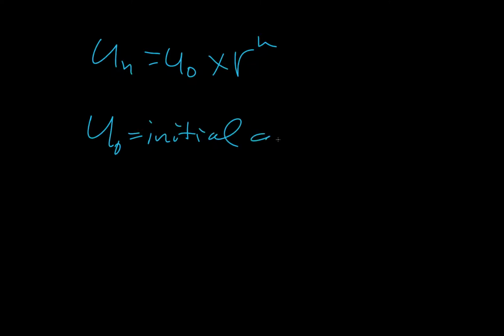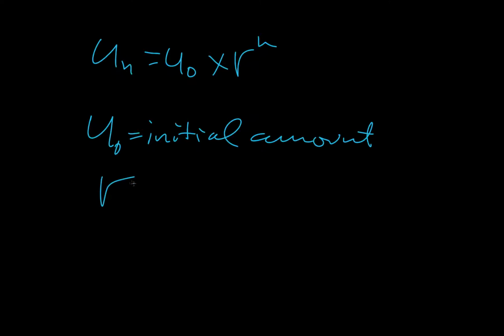There is a blue box above the example we're going to work on, and it has this information in it. It says that growth or decay is a geometric sequence. U sub naught is the initial amount.